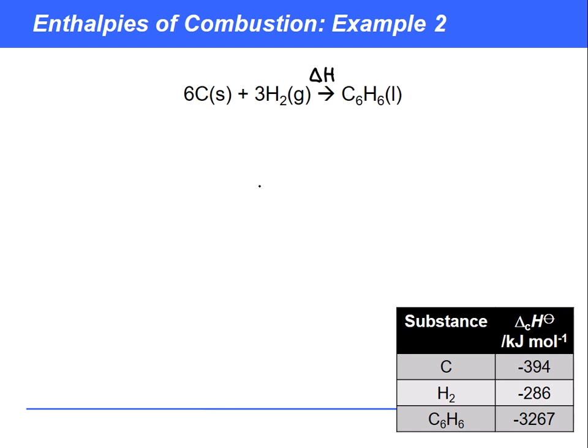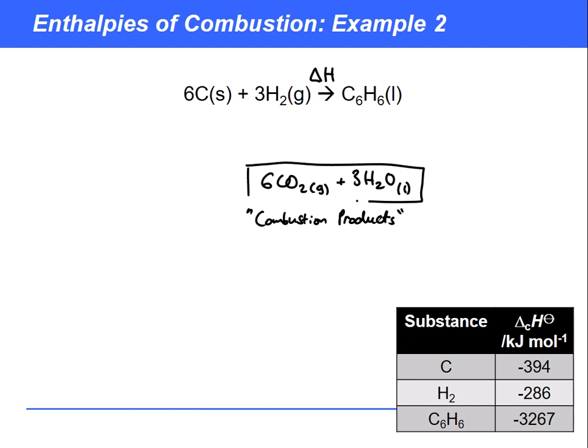So we're going to put the combustion products down here, because we've got enthalpy of combustion given to us. And these are 6 moles of carbon is going to make 6 moles of CO2. 3 moles of hydrogen is going to make 3 H2O. And if we look here, 6 carbons, 6 CO2, 6 hydrogens, 3 H2O.